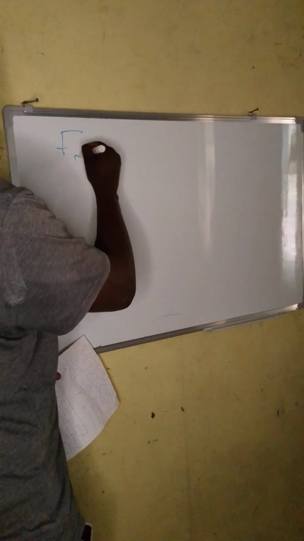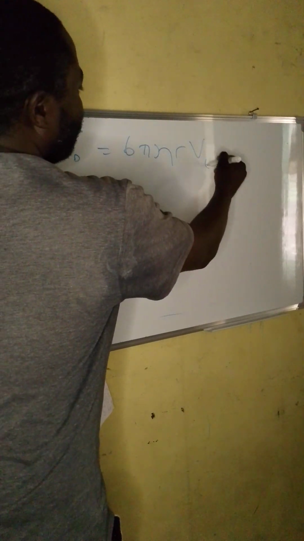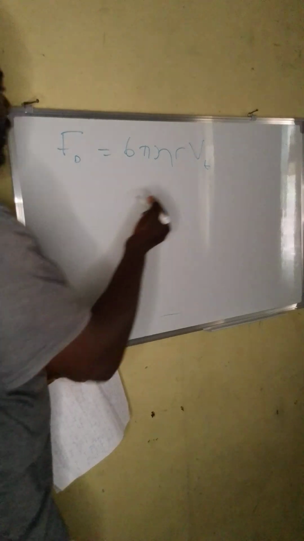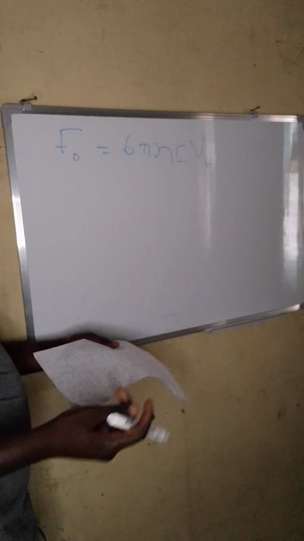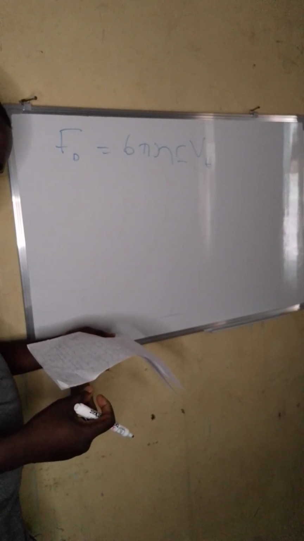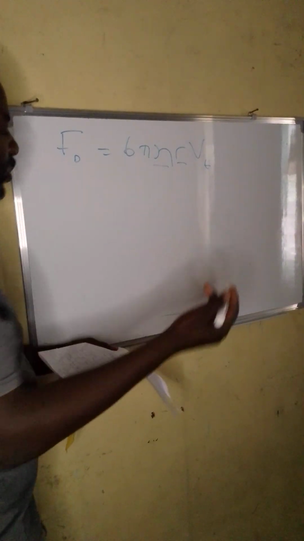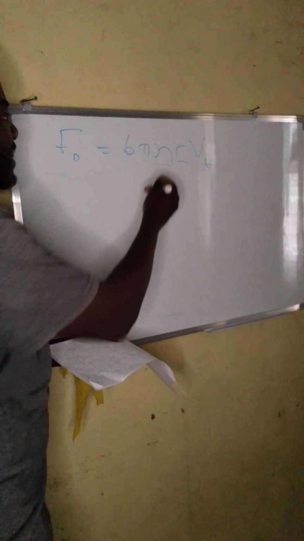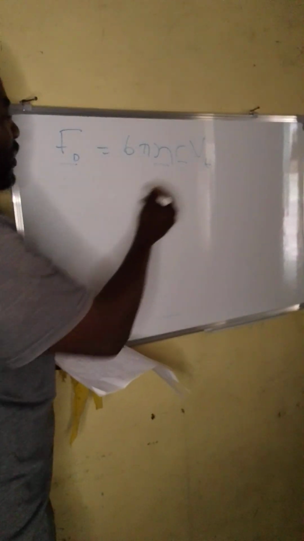The viscous drag force is 6 pi eta r v_T, but we've got the radius r of the drop of oil, which is 0.1 millimeter. We've got the coefficient of viscosity of air, and 6 pi is a constant. To calculate viscous drag, we first have to calculate the terminal speed.